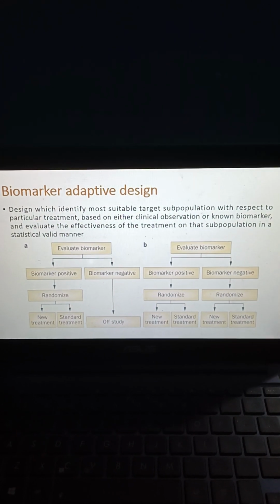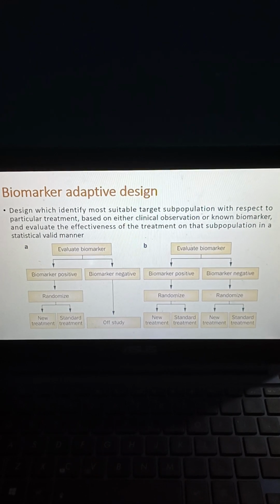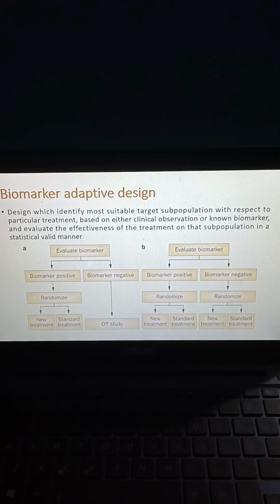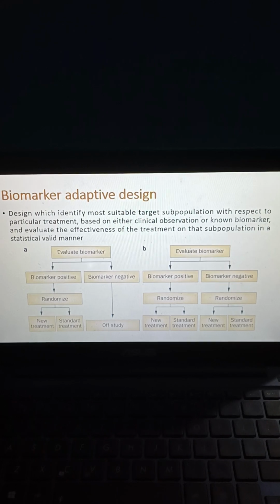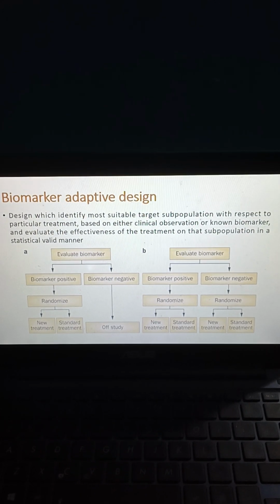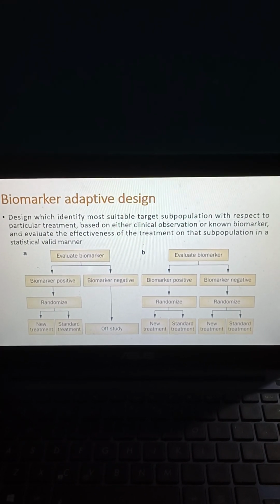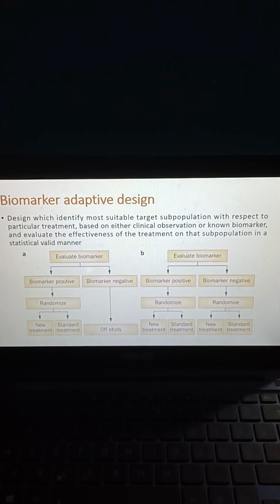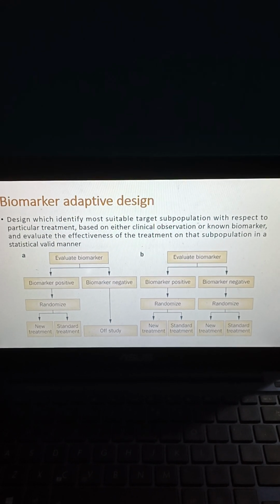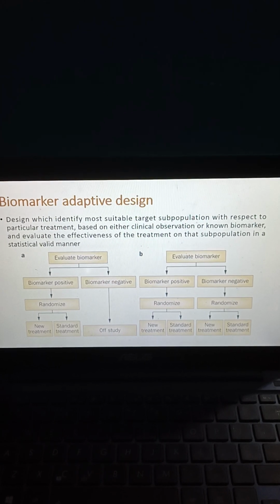Coming to biomarker adaptive design, a design which identifies the most suitable target subpopulation with respect to a particular treatment, based on either clinical observation or a known biomarker, and evaluates the effectiveness of the treatment on that subpopulation in a statistically valid manner.